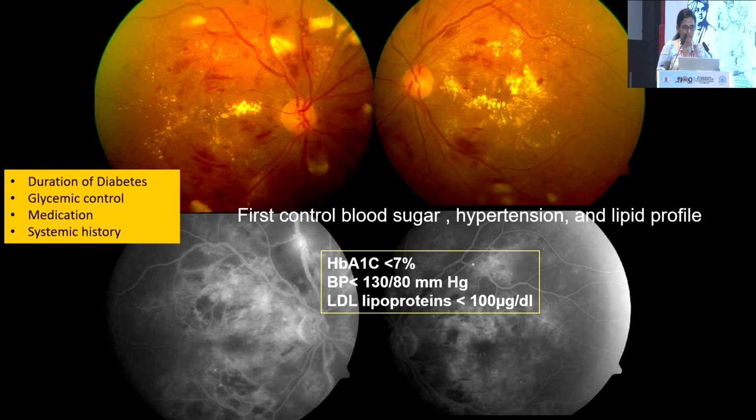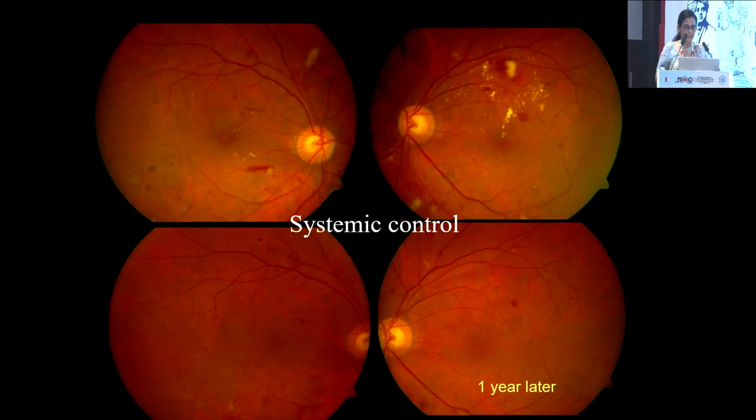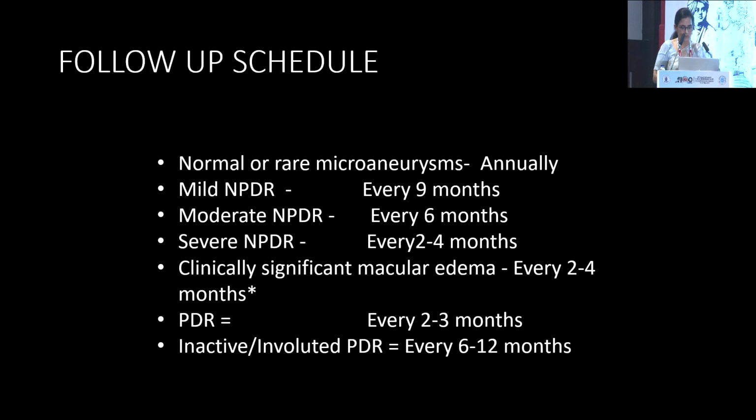You have to see the patient as a complete whole. When you advise these patients on control of their metabolic condition, the diabetic retinopathy also gets controlled. This is a patient who had retinopathy, and just with systemic control, you see his retina looks so much cleaner and neater. So when you see a patient, please do emphasize this. Don't just keep seeing the retina. Advise him the other investigations as well.